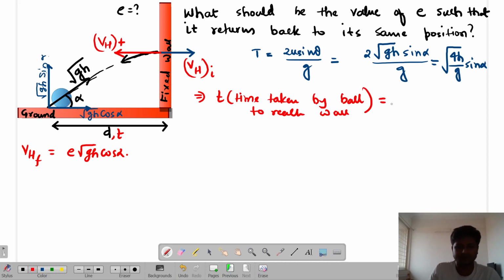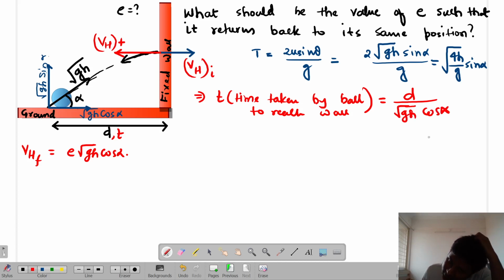In the first case, this is d by root under gh cos alpha. This is my time, isn't it? But when it returns back, t dash is my time to return back.